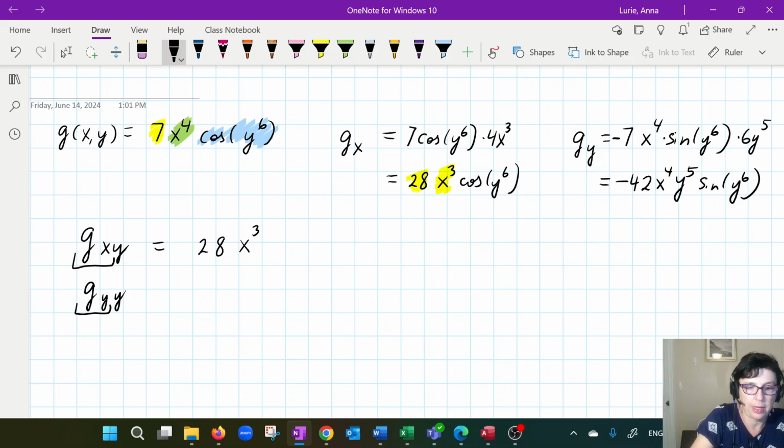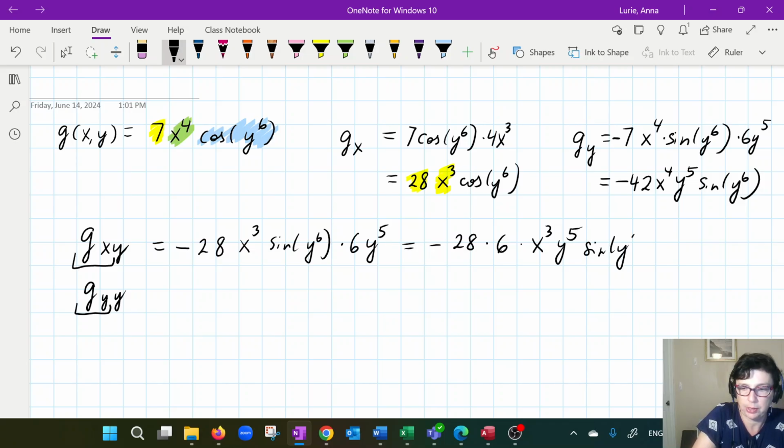The derivative of cosine of something is minus sine of the same something multiplied by the derivative of the something. So that's going to be 6y to the 5. Okay, so I don't know what 28 times 6 is. I'm just going to keep it. And I got x cubed y to the 5 sine y to the 6. All right, we got that one.